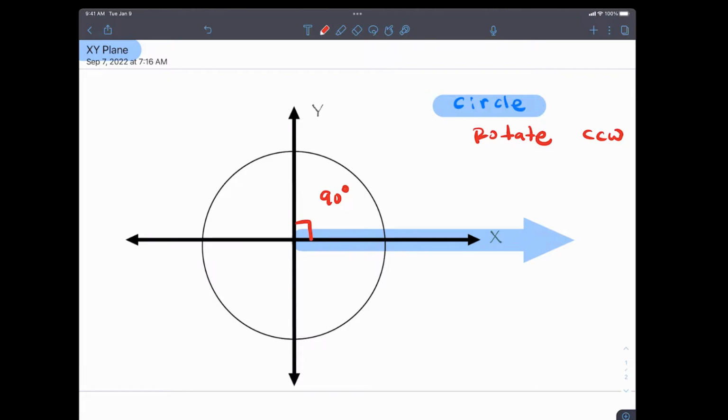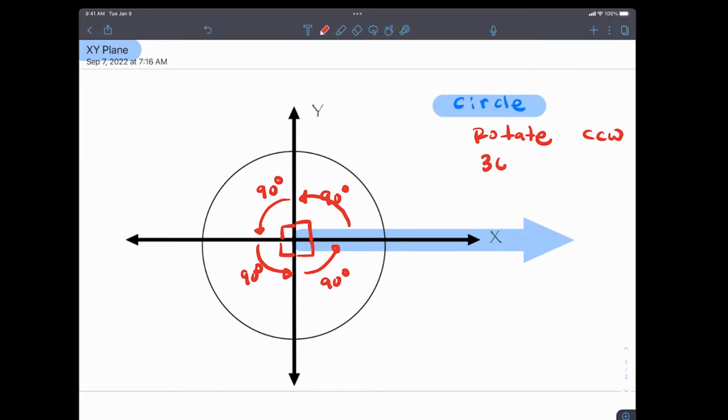Notice this. This is 90. And this measures another what? Since that's another corner, it measures 90. And as you keep rotating, you rotate another 90. That's another corner, 90. And you rotate some more, another corner, 90.